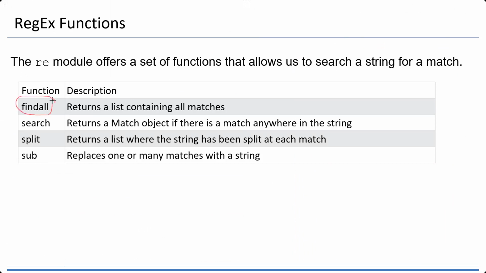We are focusing on findall, how to find some special characters, or some of the letters that we want to remove or modify. We can also do search, to look at whether there is a match anywhere in the string. We can split, so we are going to learn about data pre-processing for splitting, and we can also check the substring.